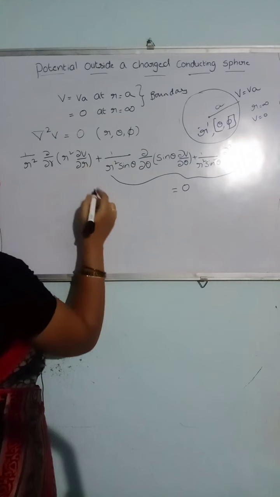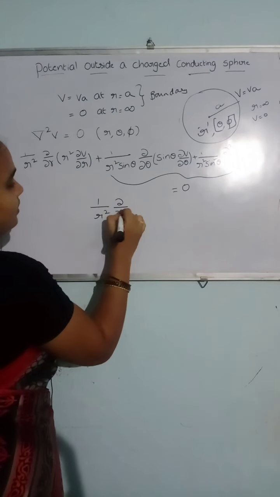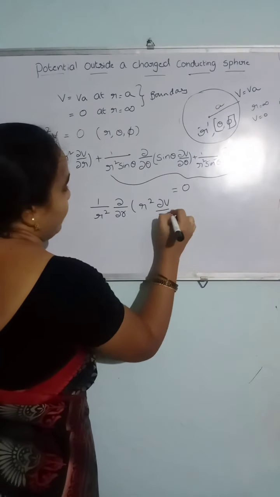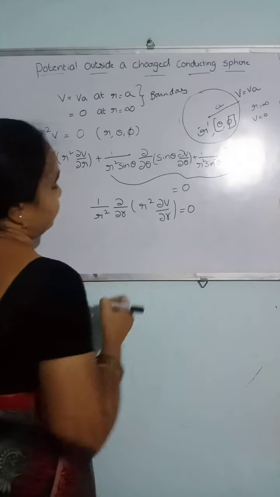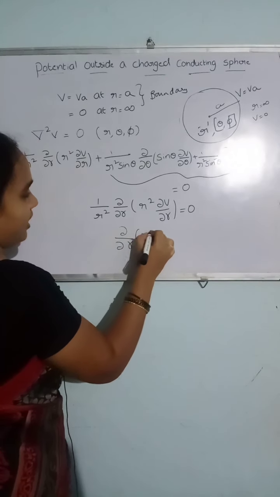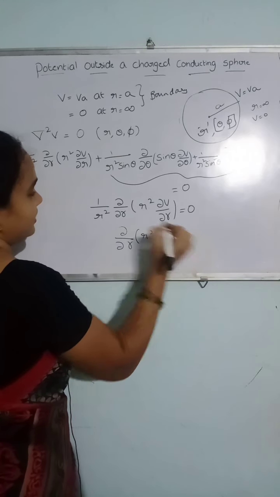Then this equation will convert into 1 by r square dou by dou r of r square dou V by dou r is equal to 0. Then dou by dou r of r square dou V by dou r is equal to 0.